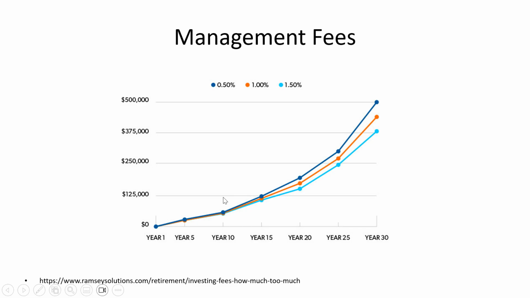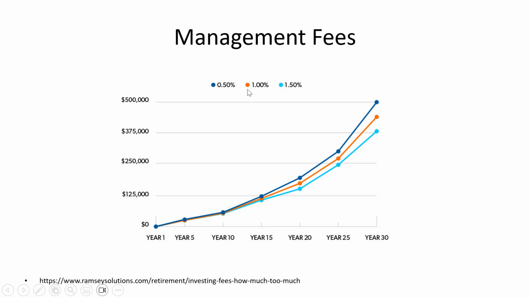So here's an illustration that shows the long-term consequence of a fund manager where, let's say you are investing a certain amount, and over the long term, how much the fees are adding up to, or how much you're earning. If you're paying 0.5%, you could accumulate over a 30-year period $500,000.